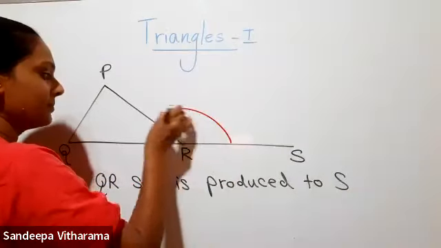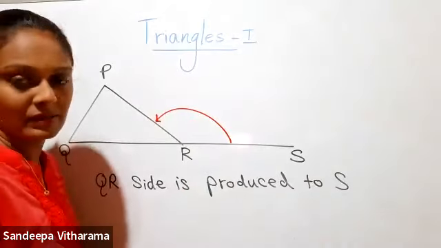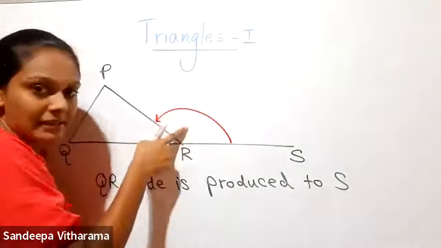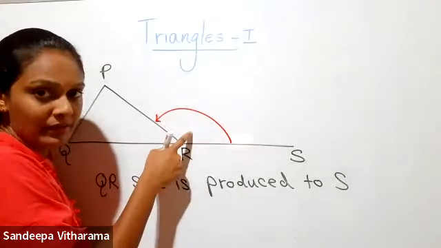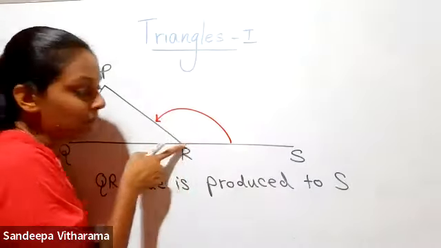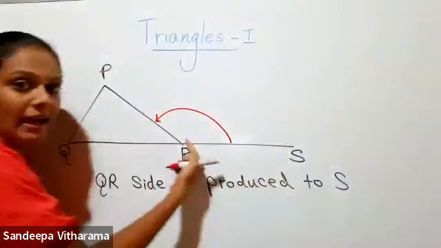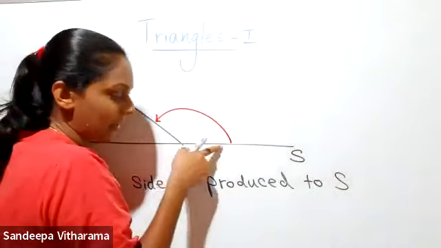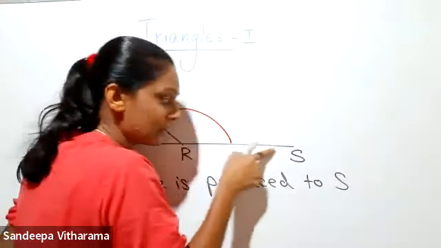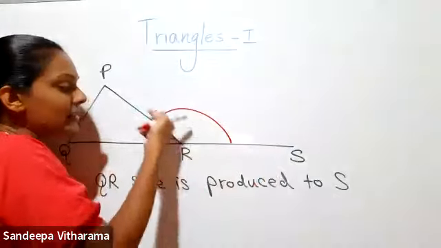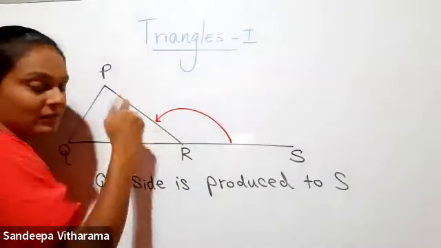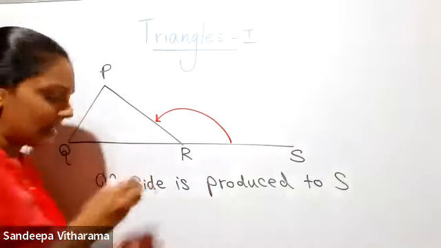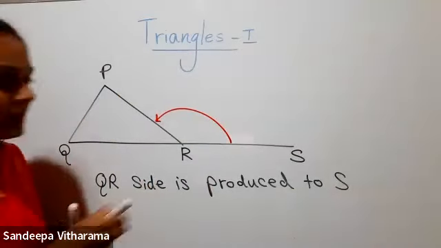Look at here. This is called the exterior angle. It's because this angle is formed by intersecting a produced line and the side of the triangle. A produced side and a side of the triangle intersect to form this exterior angle. Otherwise, children, it is not an exterior angle.